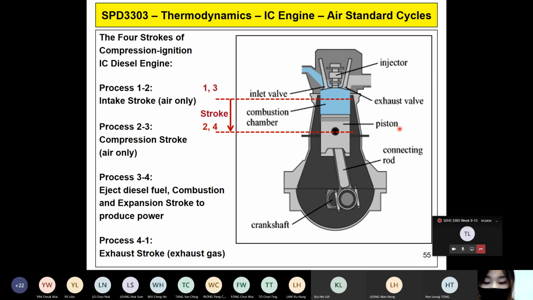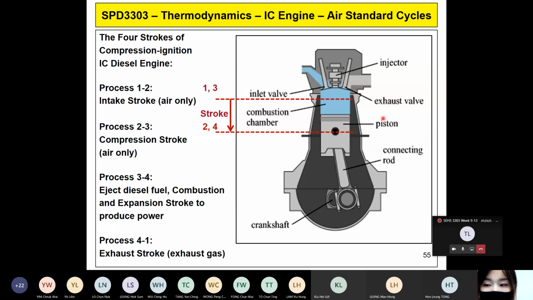We call it exhaust gas because it's useless. It cannot give you work output anymore. We need to discharge it. We need to drive this exhaust gas out of our cylinder, because if we keep it inside the cylinder with accumulation, it will boom, explosion, right?